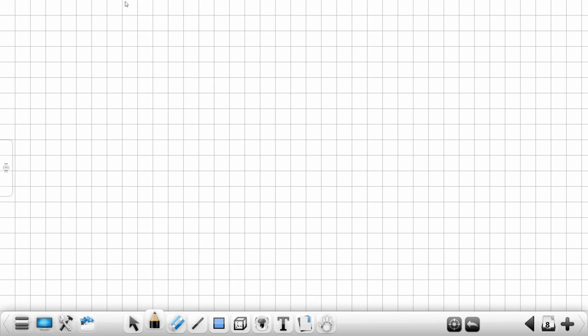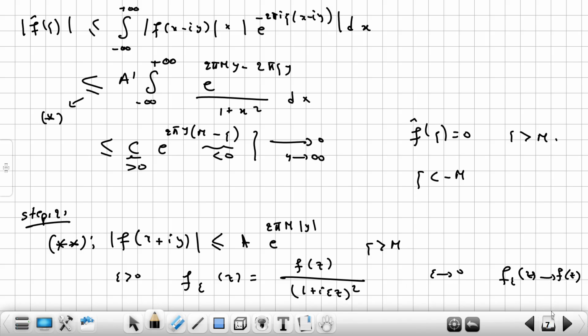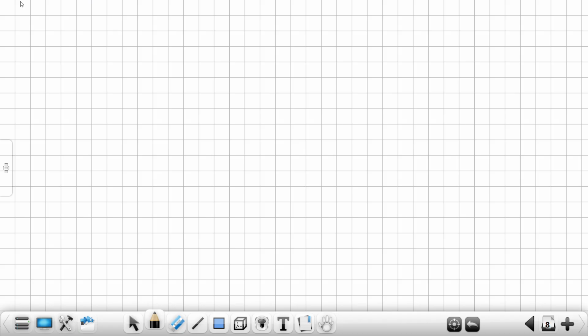Okay, the term 1 over (1 + iεz)² has absolute value less than or equal to 1, in fact, in the closed lower half plane, including the real line R. You can check it by yourself.